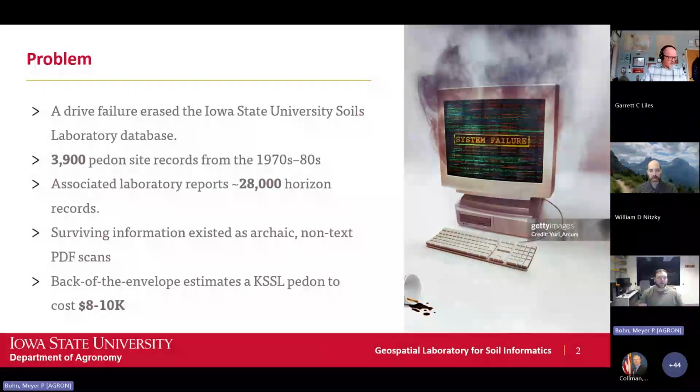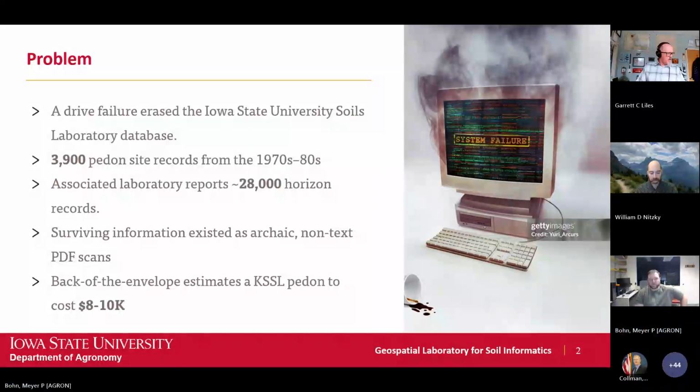There were 3,900 of these. The drive failed, but fortunately, the information still was on these archaic non-text embedded PDF scans. And so they were salvageable, but to convert that into a usable database was going to be an undertaking. And we tried to take it on.